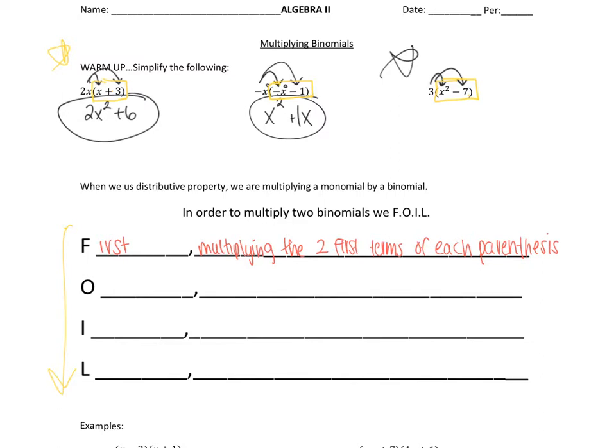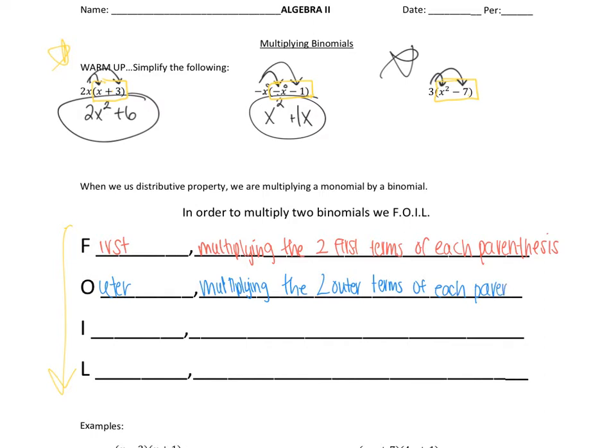So first we have first. We're multiplying the two first terms of each parentheses, okay? Then we go to O, which stands for outer, okay? And this is we're multiplying the two outer terms of each parenthesis. Okay? Oops, I didn't spell that right.